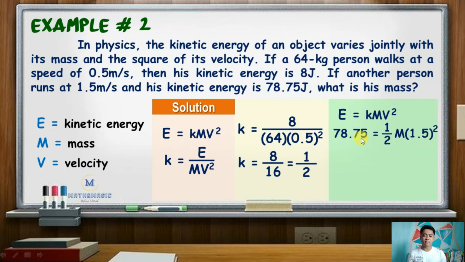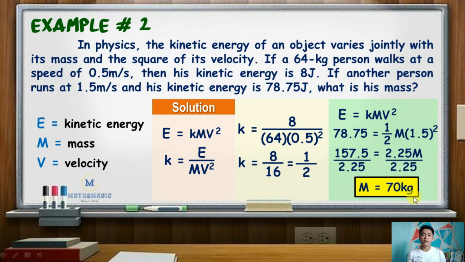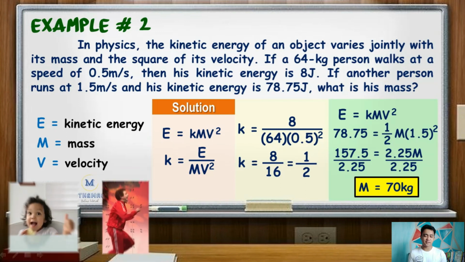Multiplying both sides by 2 to make 1/2 equal to 1, it will be 157.5 equals 2.25 m. Now dividing both sides by 2.25, m will be equal to 70. Therefore, the running man has a mass of 70 kilograms.